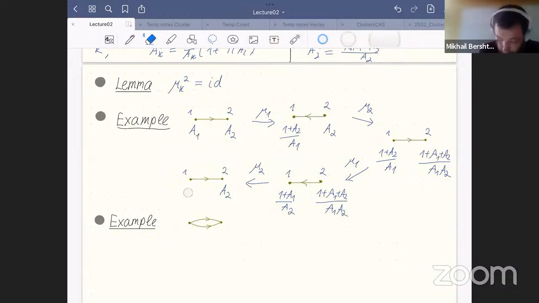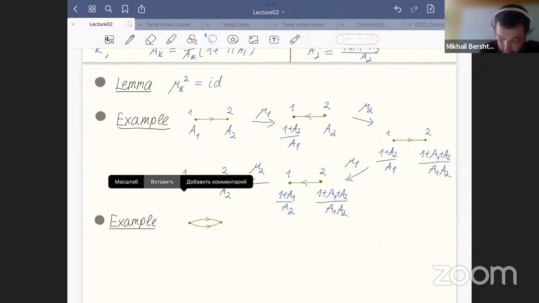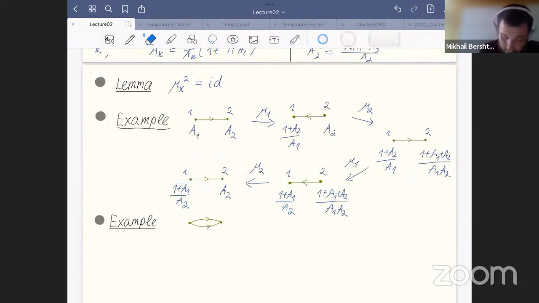Which variable? Here the variable will be this one, and what will be here? We can compute. We have 1 plus A1 over A2, over 1 plus A1 plus A2 over A1 A2.